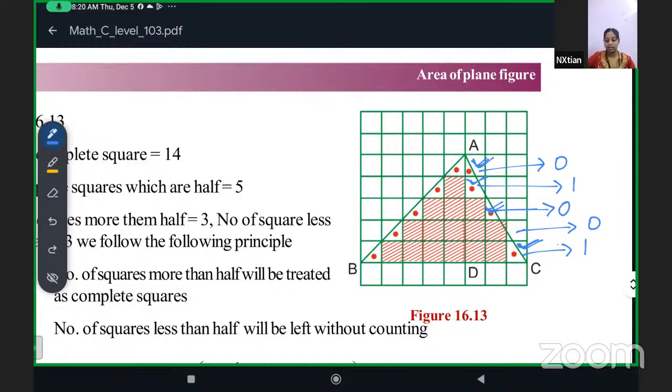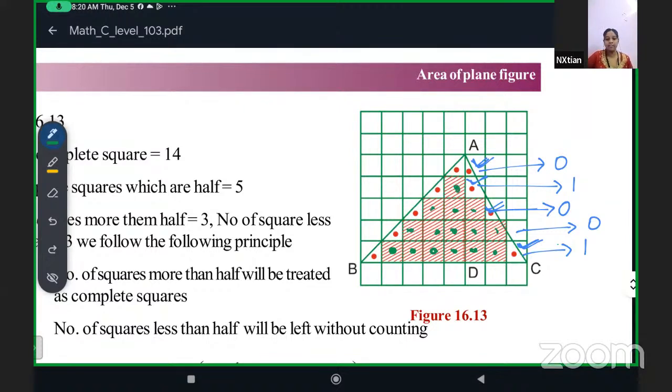Now let's count them. Firstly, let's count how many are fully shaded or fully covered. So we have 1, 2, 3, 4, 5, 6, 7, 8, 9, 10, 11, 12, 13, and 14.